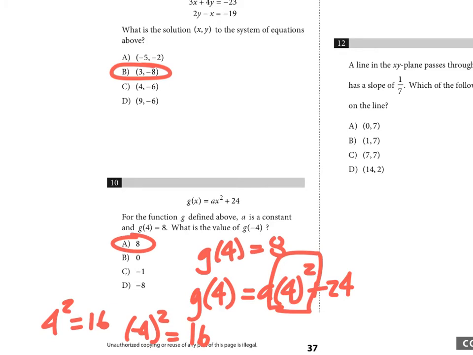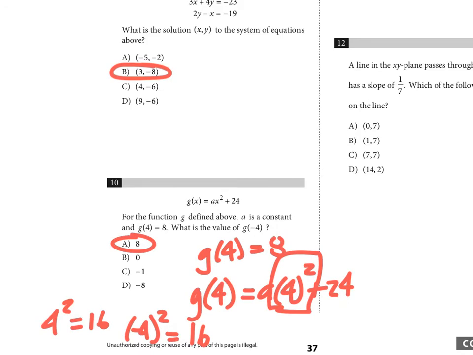So what I realized was, on this, I plugged it in here. As I looked at it, I was going to solve for A. This is exactly what I did. There's a long way to do it. I was going to plug in 4 into this function, and I knew I had to get 8 out of it.